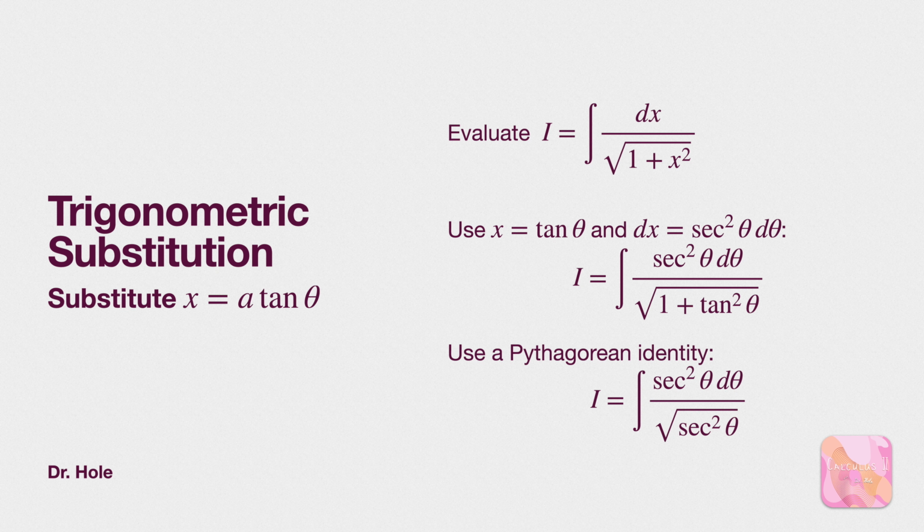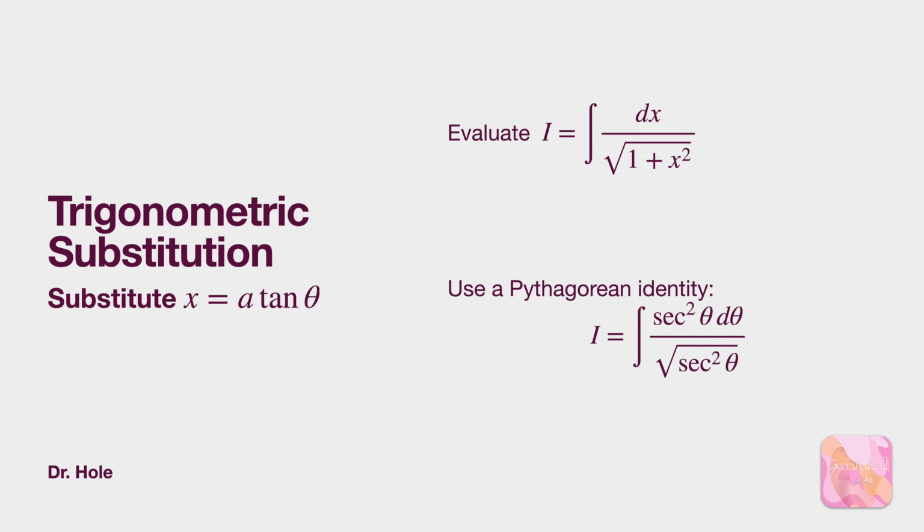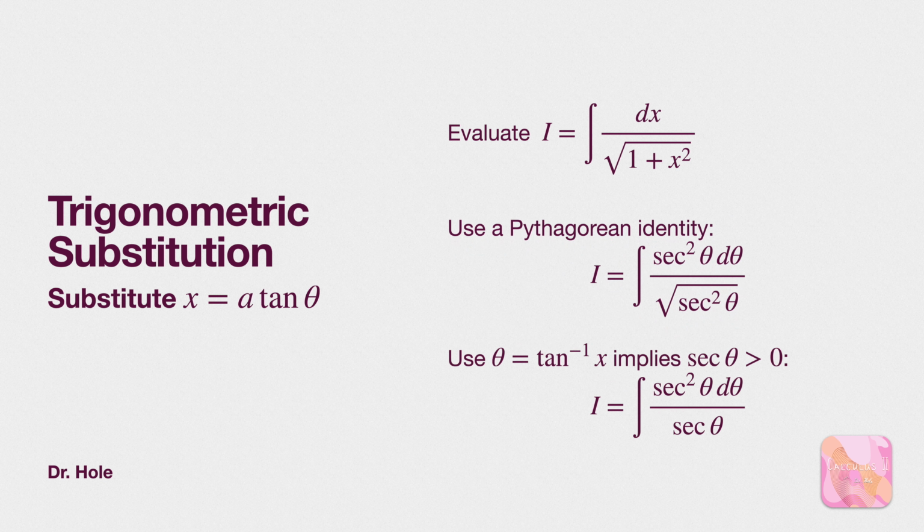So here, remember that we are placing a restriction on thetas, negative pi over 2 to pi over 2. Then you want to think of the graph of secant. Secant over the range of values negative pi over 2 to pi over 2 is bigger than or equal to 1. In other words, it's positive.